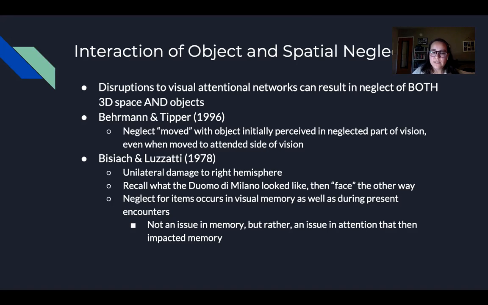But rather, it was attention to the parts of the recalled images that were biased. So it was a problem with attention that then had negative implications for their memory, for their recall. And yeah, so even in their imagination, people who have neglect of one side, they neglect it when they're recalling certain images, depending on which way they're sort of standing in their imagination, in their mind.